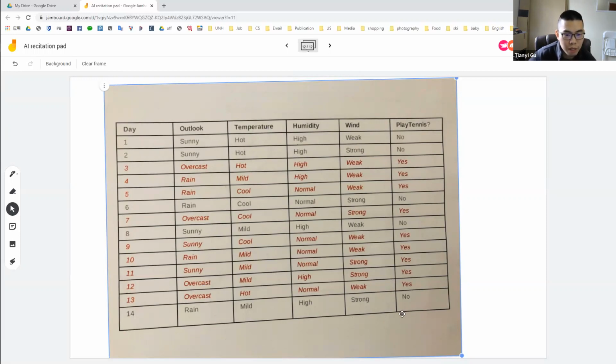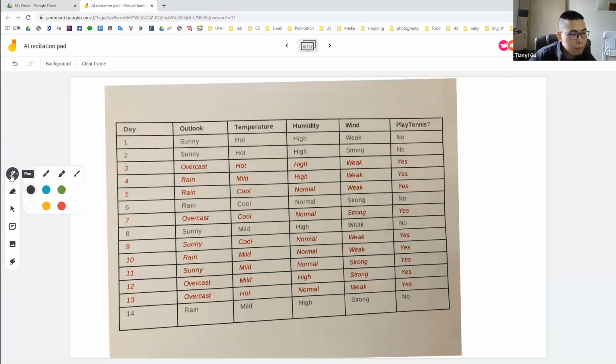We want to predict whether we want to play tennis or not, right? Everyone clear with the problem? We want to use naive Bayes to solve this. So basically, we start by counting, reading in the input values.